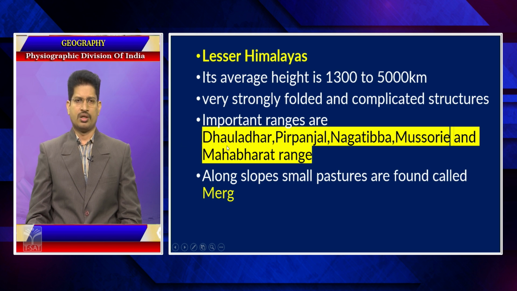Important ranges are Dhauladhar, Pir Panjal, Nanga Parbat, Mussoorie. So these are some of the important ranges of the Lesser Himalayan region. Along the slopes, small pastures are found called margs.